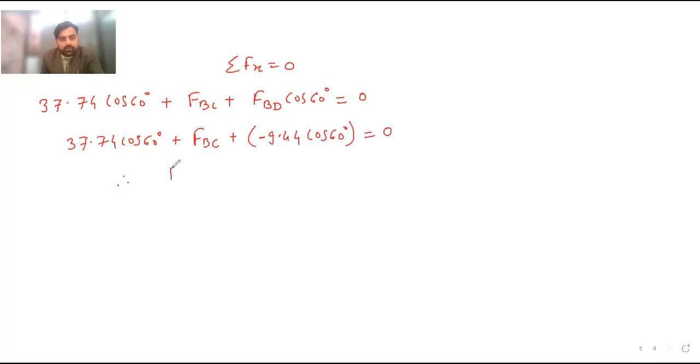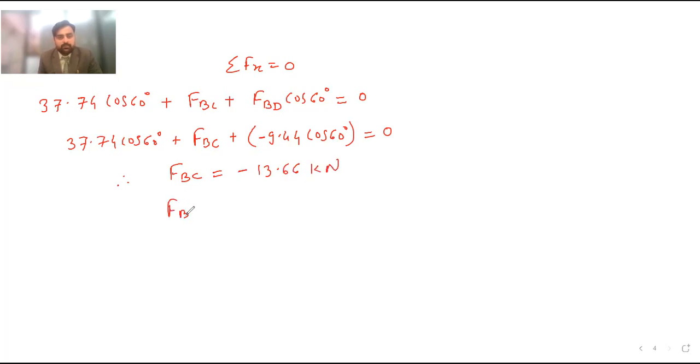Now if you solve, you will get the value of FBC: minus 13.66 kilonewton.